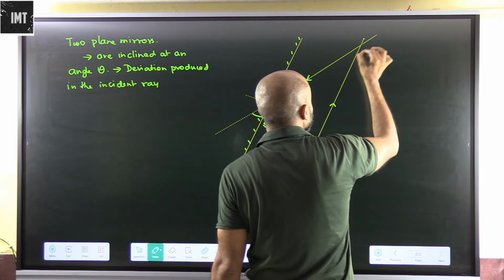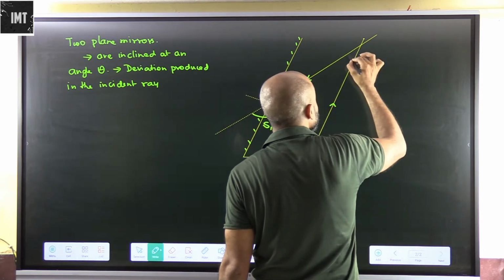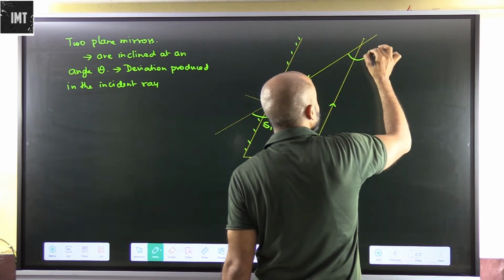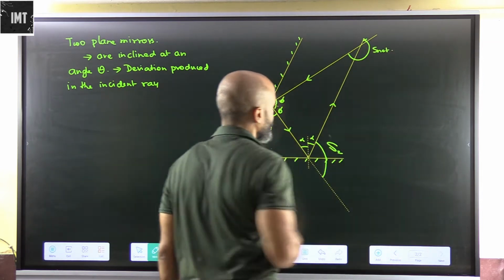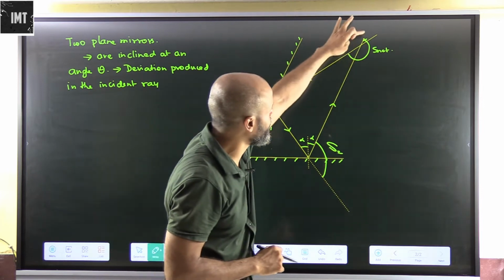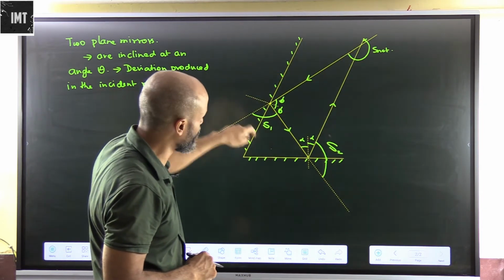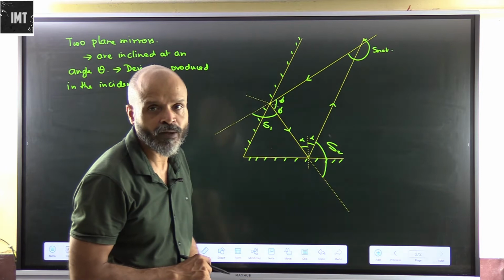Delta 1 is produced here, so this entire portion is going to be the net deviation, and it's very obvious that this net deviation will be the sum of deviations delta 1 and delta 2.